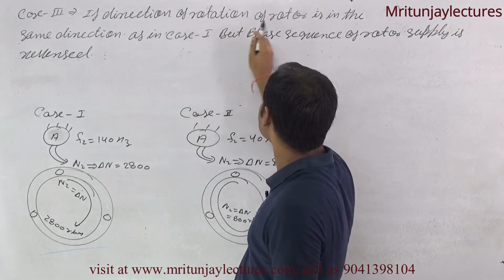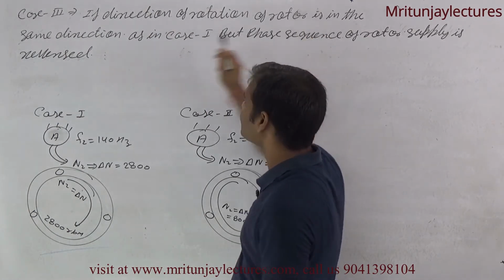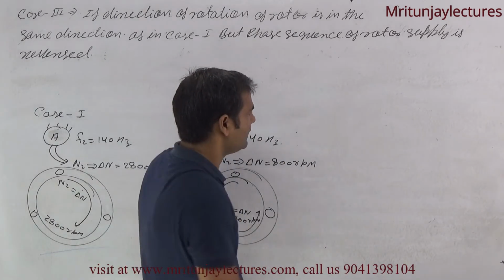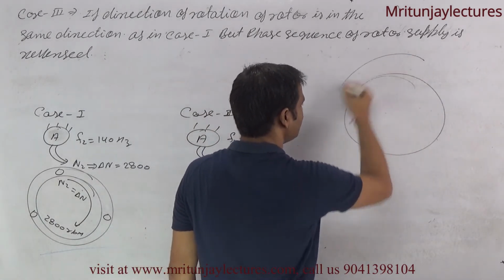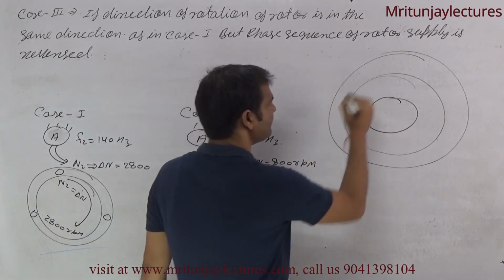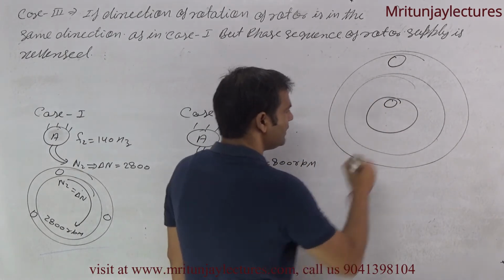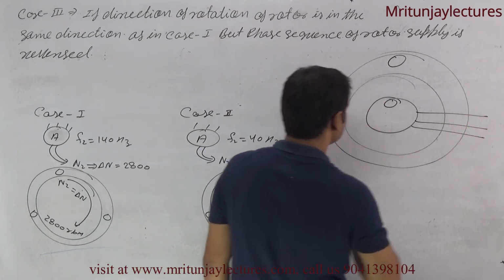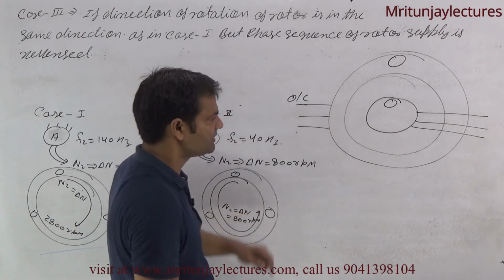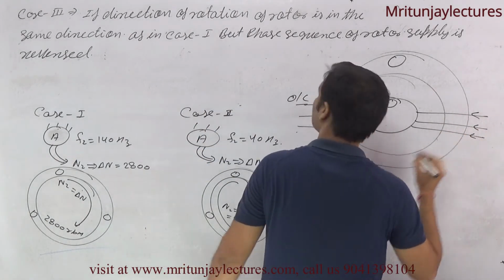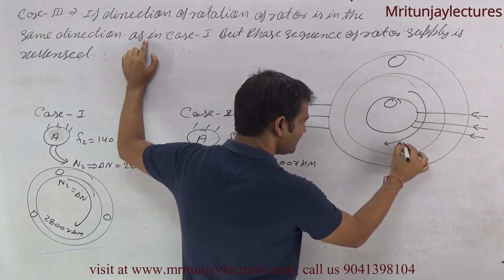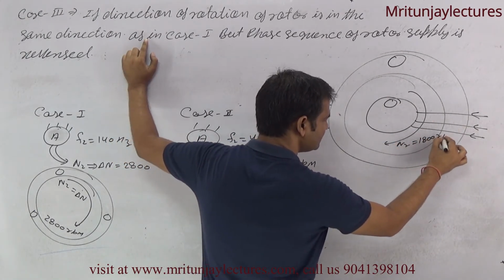If the direction of rotation of the rotor is in the same direction as in case first, means you make the stator like this one and this one is a rotor, with three phase supply, the stator is open circuit, and the rotor is rotating like this, NR 1800 rpm.